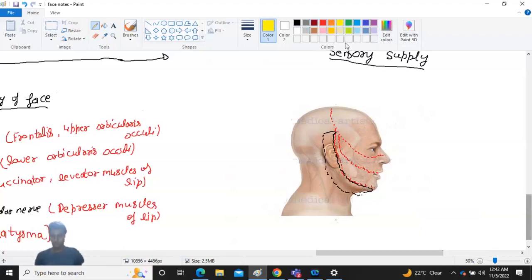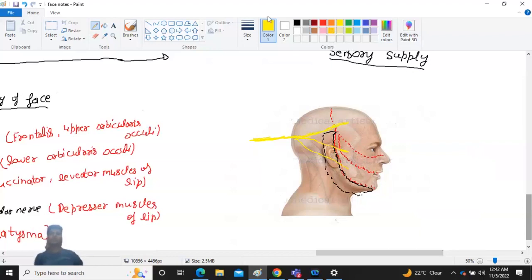So here we draw like this. Let's say this is the trigeminal nerve from behind. It has three divisions. One division supplies this region, one division supplies this region, basically the nose region, and one supplies this region.